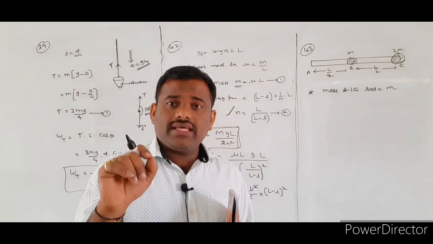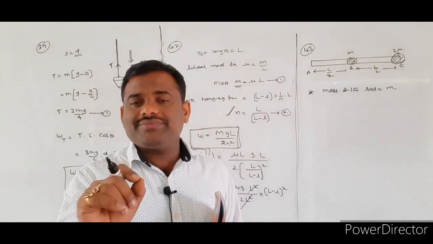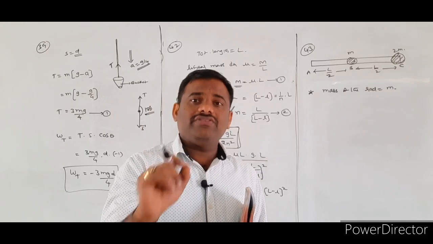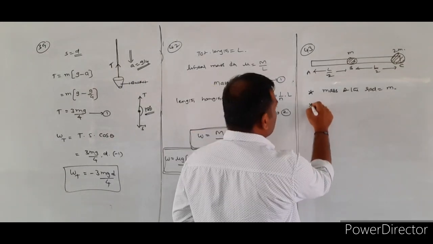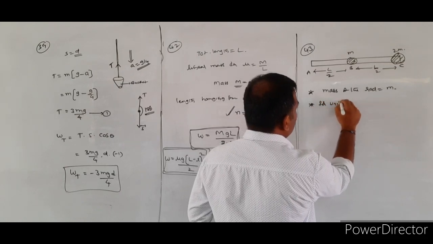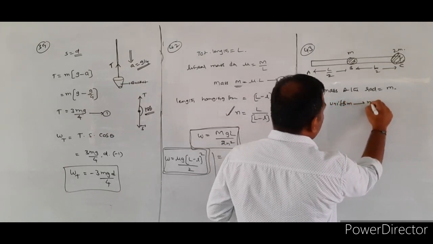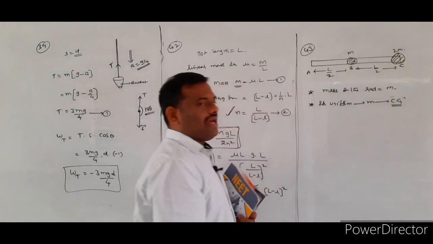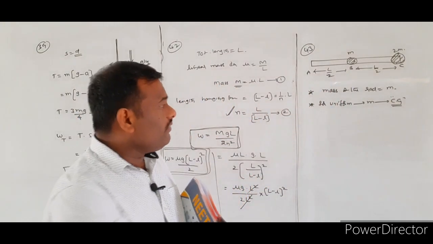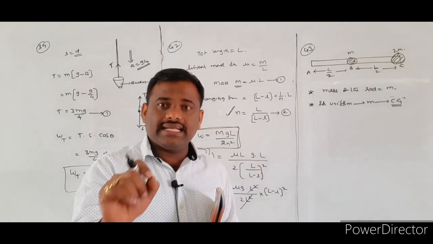Whenever they specify a uniform rod, which concept do we have to remember? Center of gravity. For a uniform rod, the total mass is present at the center of gravity.